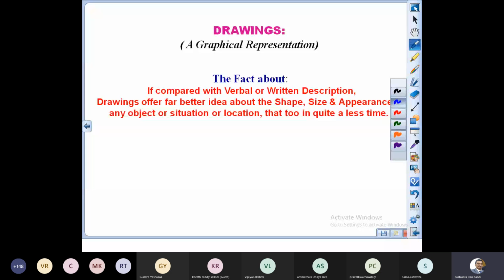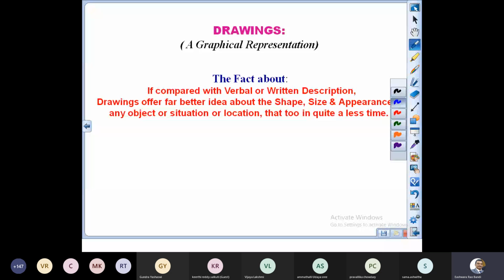It takes some time. Whereas coming to drawing, by seeing the drawing itself, you can easily say that, yeah, I can understand what the author is saying, isn't it? How the connection is there, right? You might have seen some drawings also, like while connecting a mobile phone to a speaker.